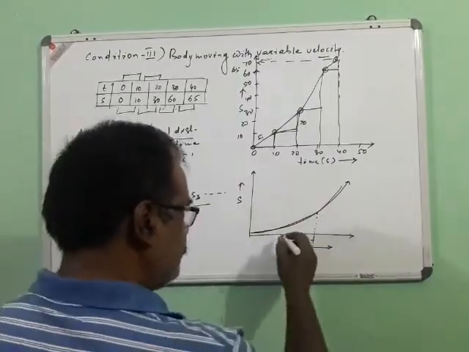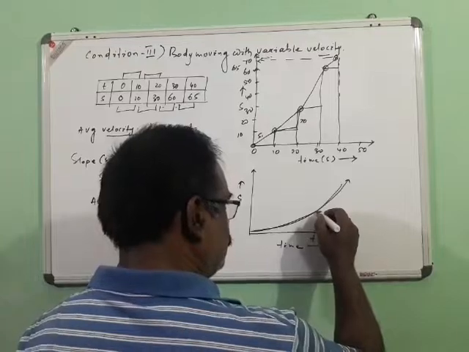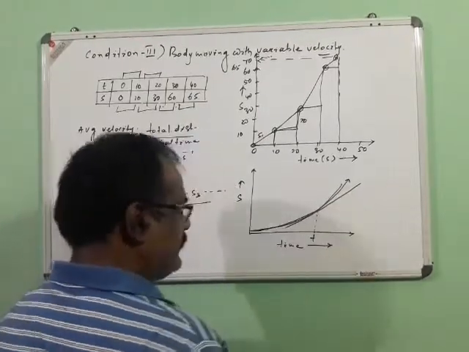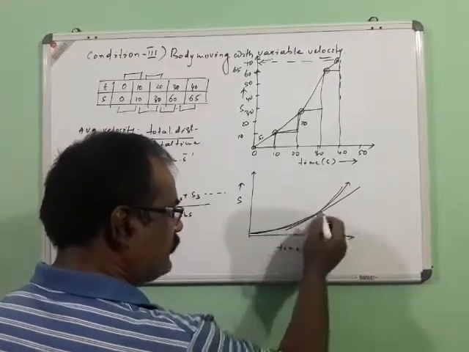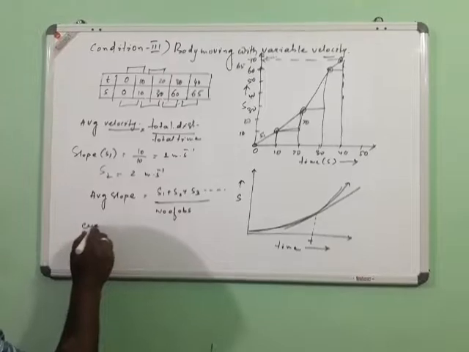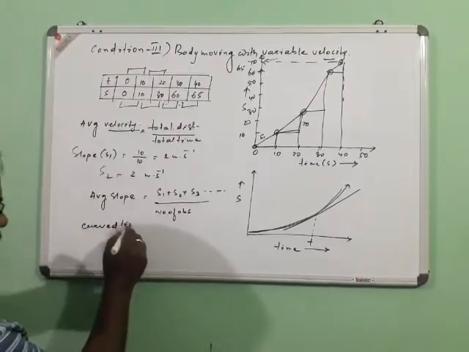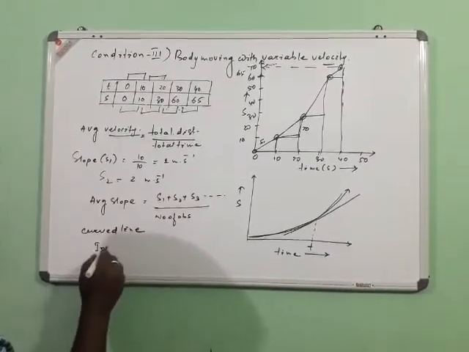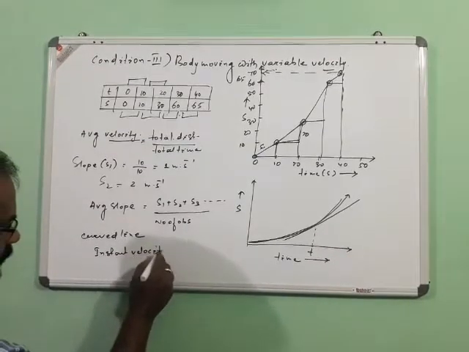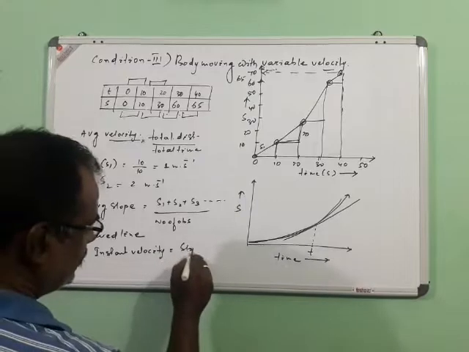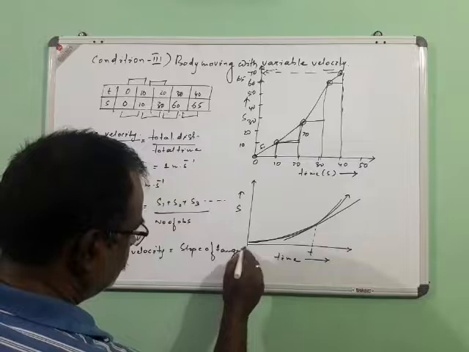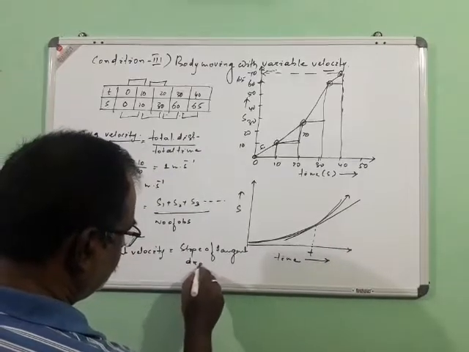In such cases, if we draw a line touching this point, it will act as the tangent, and we can find its slope. So for a chord line, we can find the instant velocity as the slope of the tangent drawn at that point.